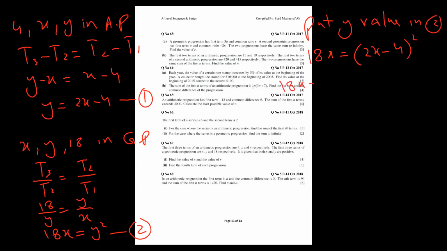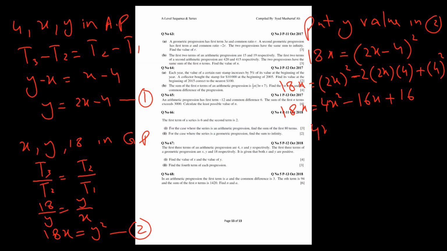Now I will solve them simultaneously. I'll replace this y value in equation 2. So I copy 18x equals y squared, and in place of y squared I copy this one: 18x equals first term squared minus 2 into first term into second term plus second term squared, so 18x equals 4x squared minus 16x plus 16.